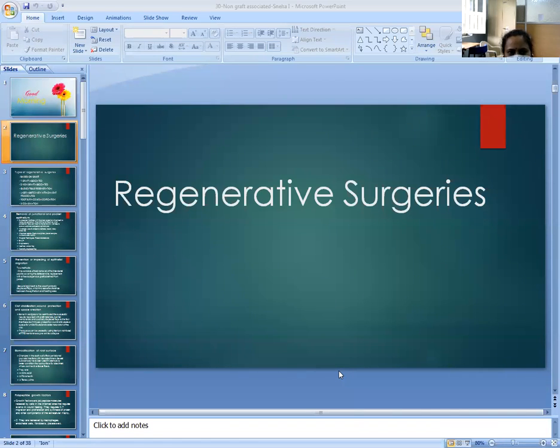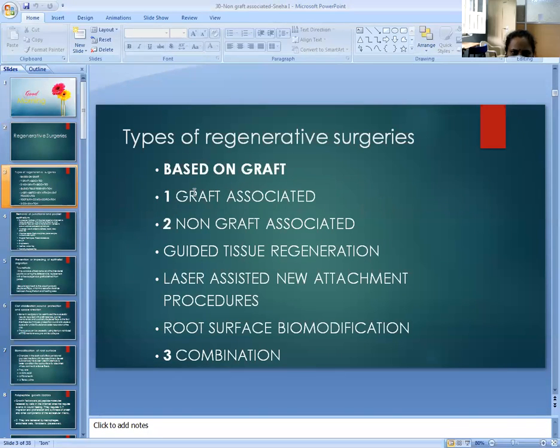What is meant by a regenerative surgical procedure? You are going to build whatever lost component you want to generate, so we call it a regenerative surgical procedure. Whatever components are lost, like bone, there may be loss of periodontal ligament.